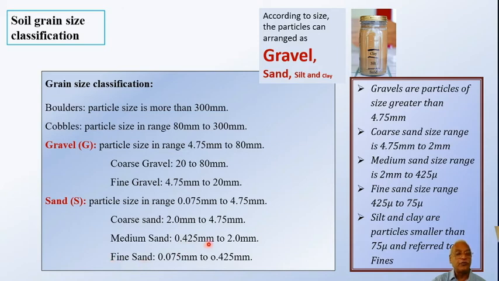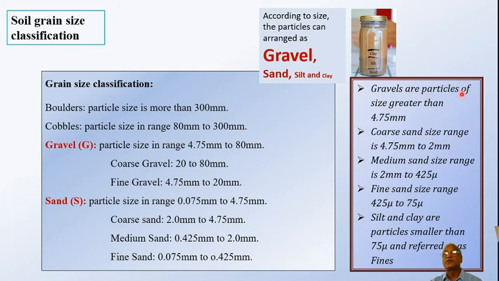Again, 0.425 mm to 2 mm is medium sand, and from 2 mm to 4.75 mm is coarse sand. The whole mixture is sand, but if you have more particles of the coarse size, we call it coarse, more particles of the medium size, it is medium, and more particles of the fine size, then it is fine.